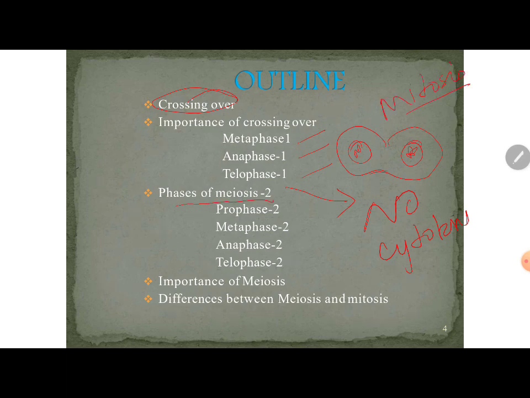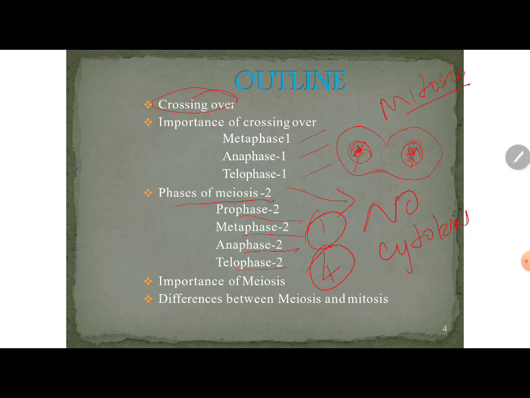This cell, which has a haploid number of chromosomes, will duplicate and form 2n, then divide again. So they will have prophase 2, metaphase 2, anaphase 2, telophase 2. Finally, from 1 you get 4 cells.